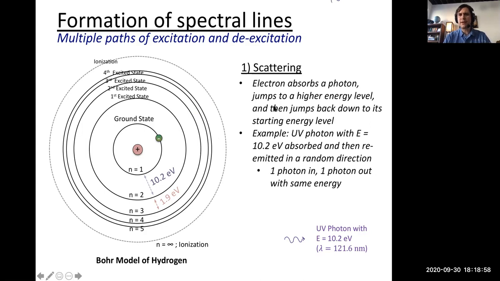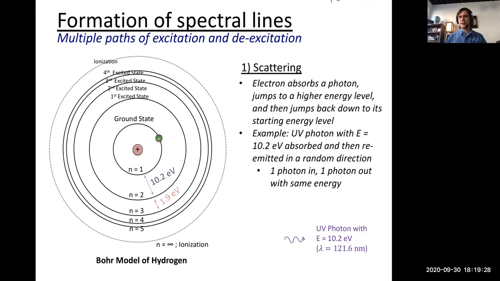So this is the case where an electron absorbs a photon, jumps to a higher energy level, and then immediately jumps back down to the same energy level. It absorbs a photon with 10.2 electron volts, for example, and then re-emits a photon with an energy of 10.2 electron volts. It absorbs a photon with 121.6 nanometers wavelength, and then re-emits that same photon, but now in a new direction.